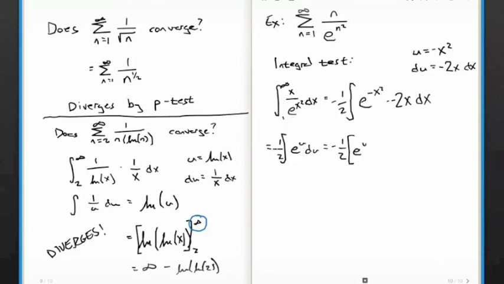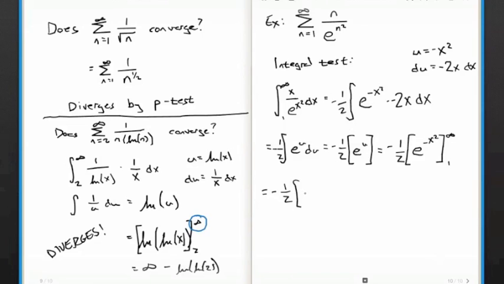which equals negative 1/2 e to the u, and when I back substitute, it's negative 1/2 e to the negative x squared, evaluated from 1 to infinity. Okay, well, if I do that, that becomes negative 1/2 times e to the negative infinity, which is 1 over e to the infinity squared.